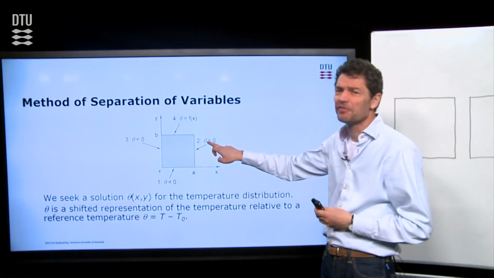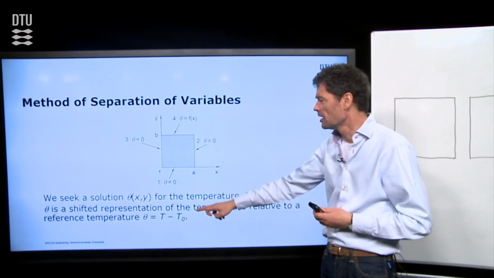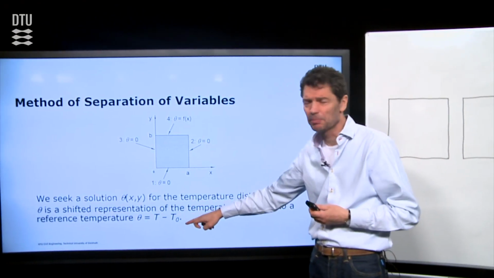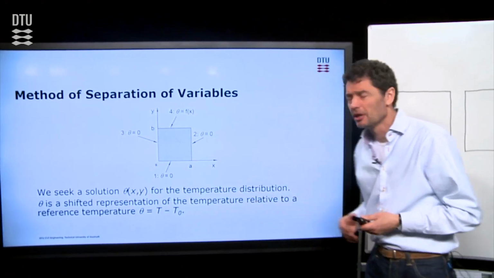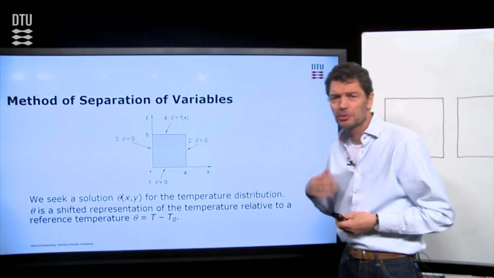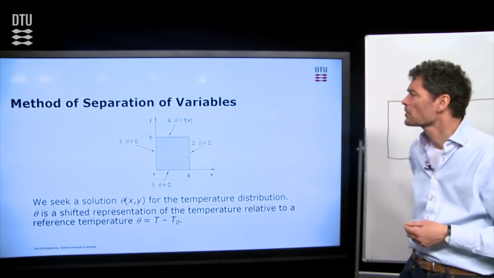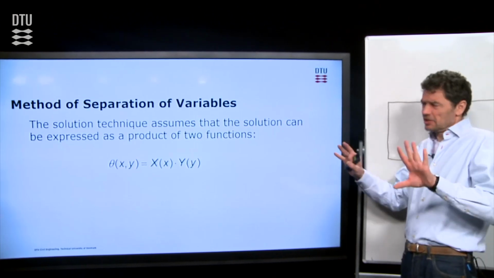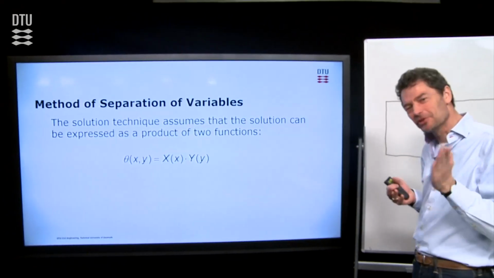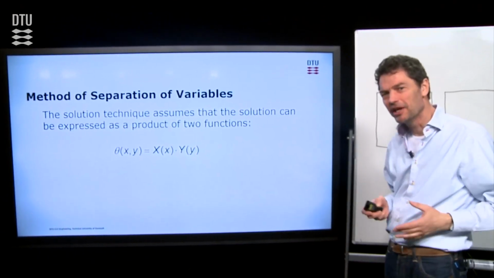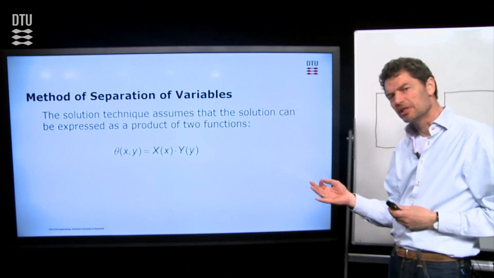We use the temperature theta, which is a parallel temperature to the real temperature as such. So we have a shift in the temperature by the level T0. So we make an assumption, and this is not something I invented. I have to take it from some textbooks, so I'm really conveying that information because it's a little bit fantastic.